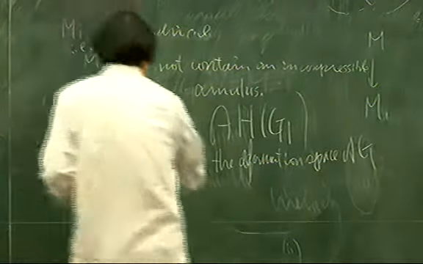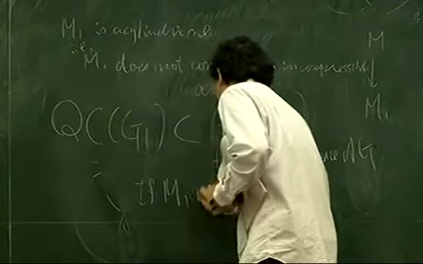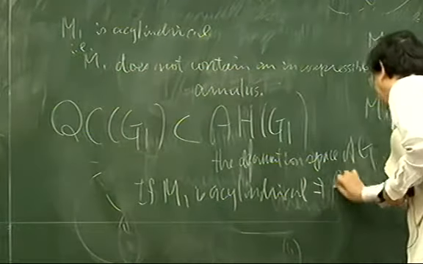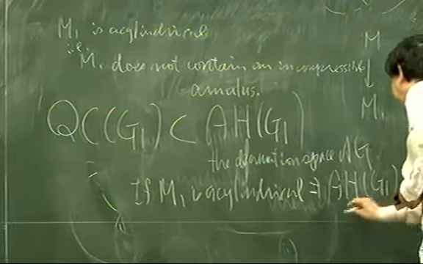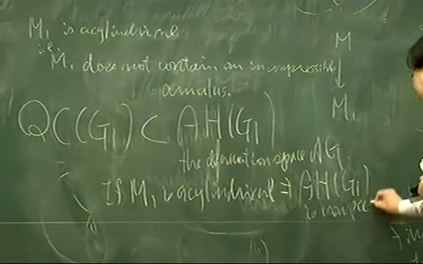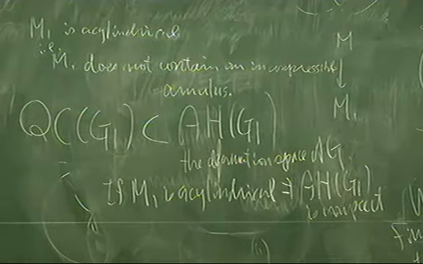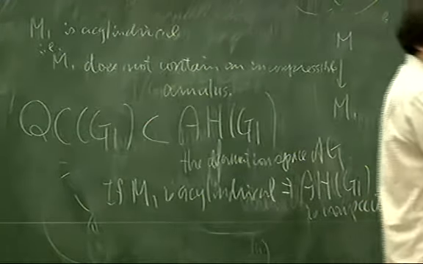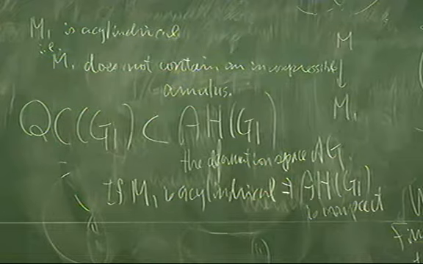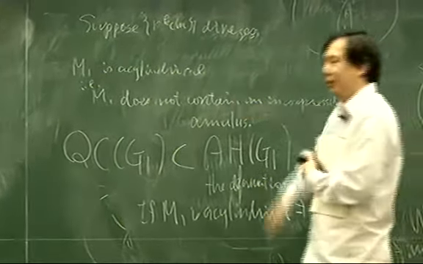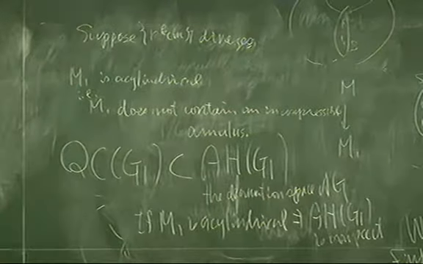And if M1 is acylindrical, then AH of G1 is compact. So in general, the deformation space of a Kleinian group is not compact. For instance, if G1 is a Fuchsian group, it's not compact. The Teichmüller space lies there, and in that direction the space is non-compact.